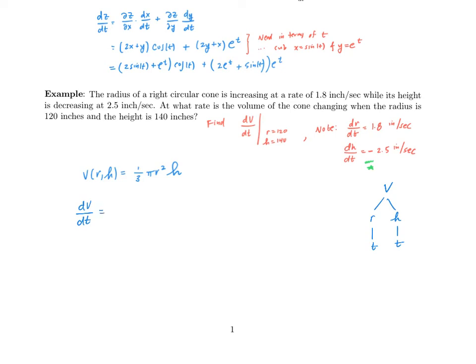So dV/dt, using the chain rule, would be the partial derivative of V with respect to r multiplied by dr/dt plus the partial derivative of V with respect to h times dh/dt. And it's worth noting that if you prefer, you could also use the partial notation, but it's just as convenient, and more so convenient here, to write V sub h.